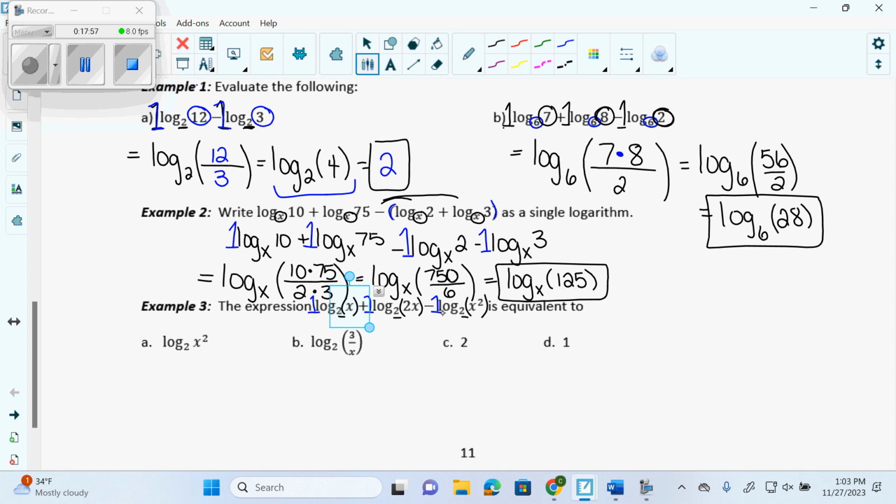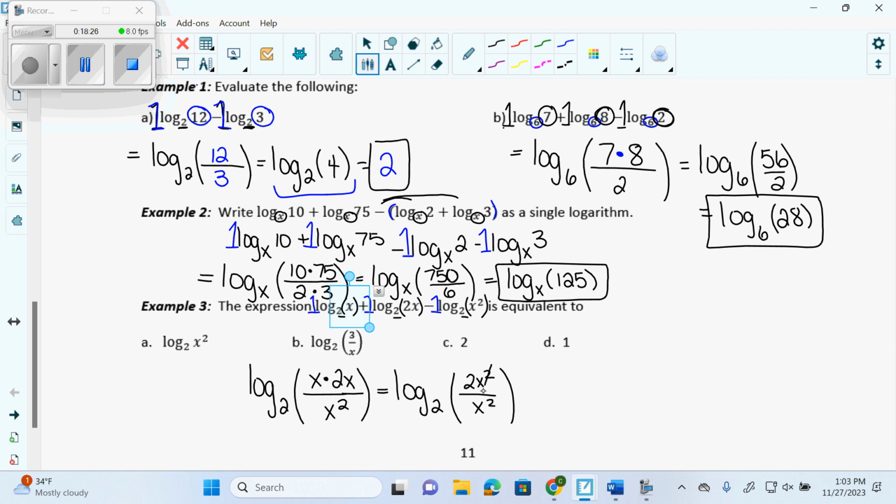So we get log base 2, and then this one has a plus 1 in front, so x goes to the numerator. This one has a plus 1 in front, so 2x goes to the numerator. And what do I do when I have more than one item? Multiply. And then the x squared is a minus 1 in front, so it goes to the denominator. So we're actually left with log base 2 of x times 2x, which is 2x squared, over x squared.